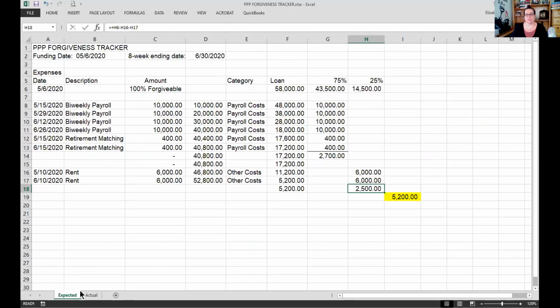So if we go back to our expected calculation, where I said, okay, let's just say we used up all of the payroll costs at 75%. I've got $2,500 that I didn't spend on available expenses, not payroll costs, not rent, not utilities. I'm going to have to also pay back my EIDL. I'm going to have $12,500.